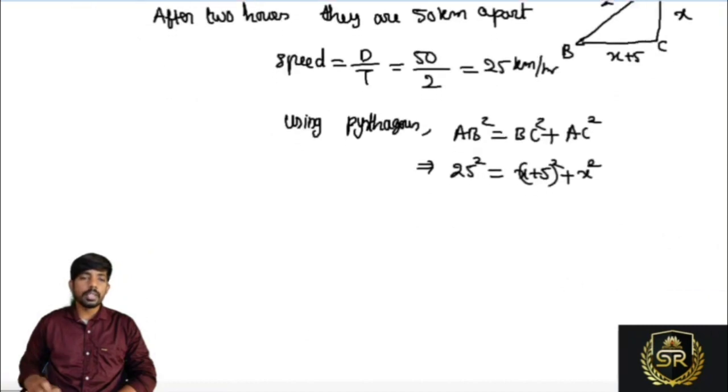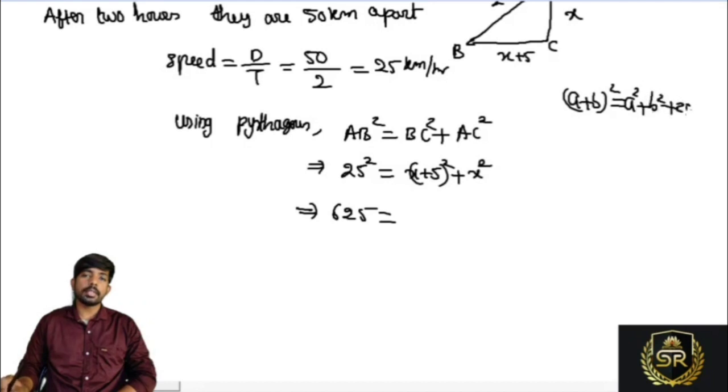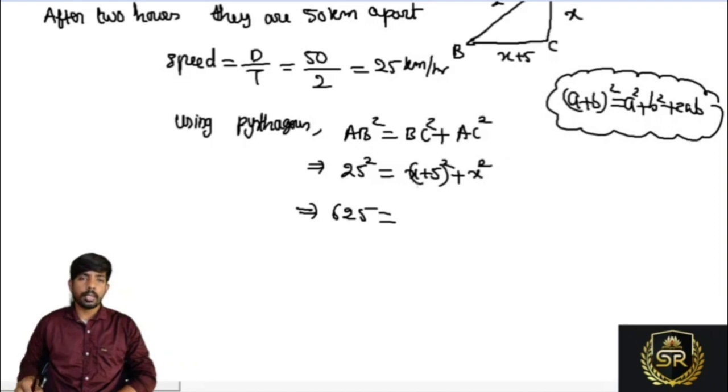So we can write 625 is equal to x plus 5 whole square. The formula for a plus b whole square is a square plus b square plus 2ab. So this is the formula, right? Next, here x square remains x square.